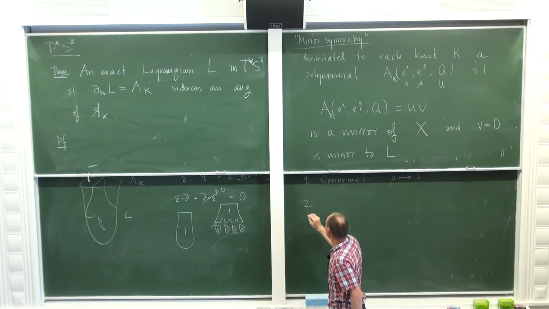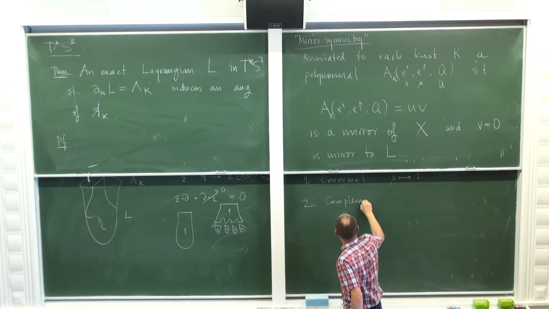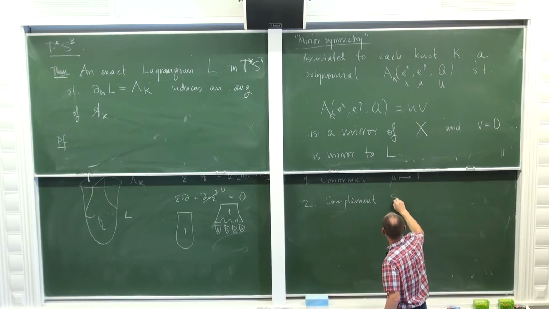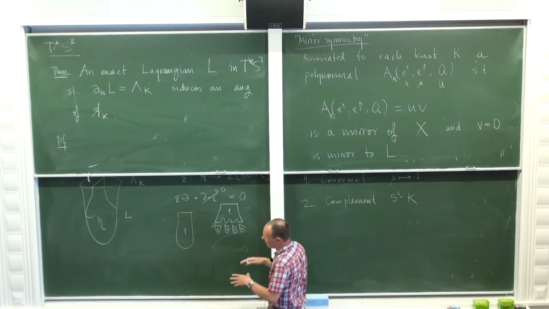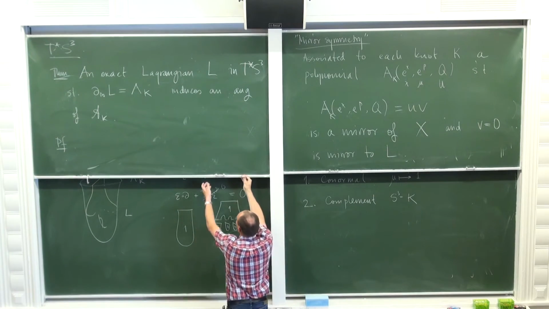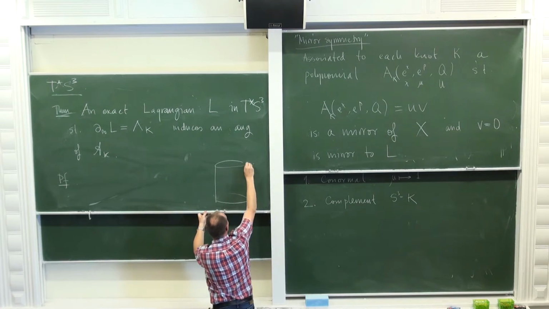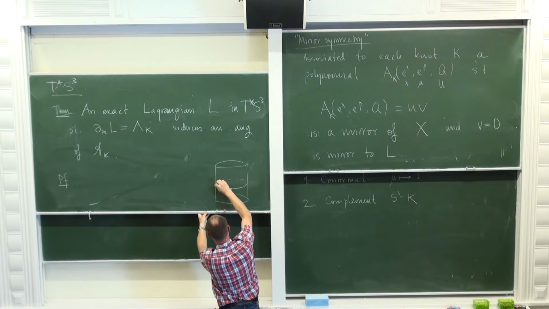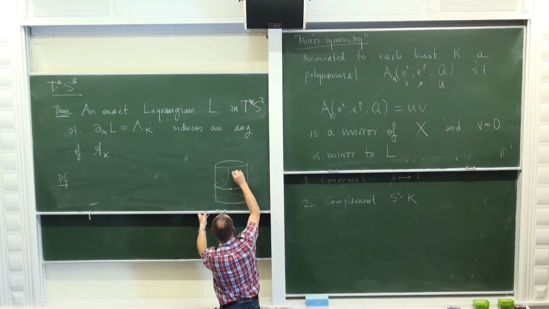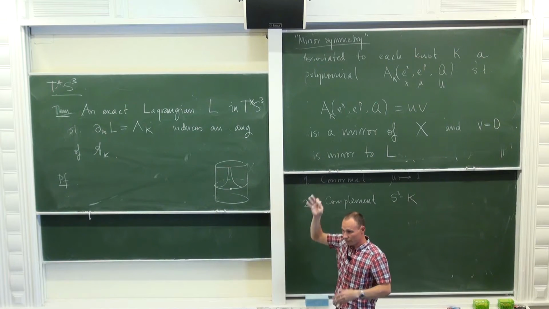And second, we have the complement of the knot, that's S3 minus K. It's not very deep. If you do the same thing in T star S1, then this would be the knot, and you can certainly pick something like that and be exact.